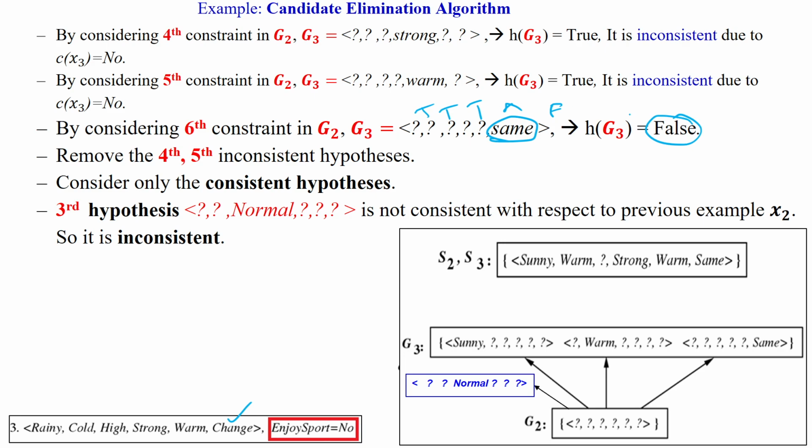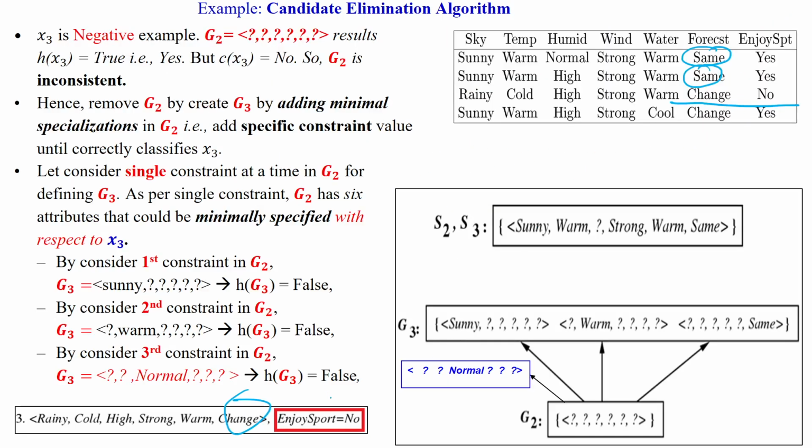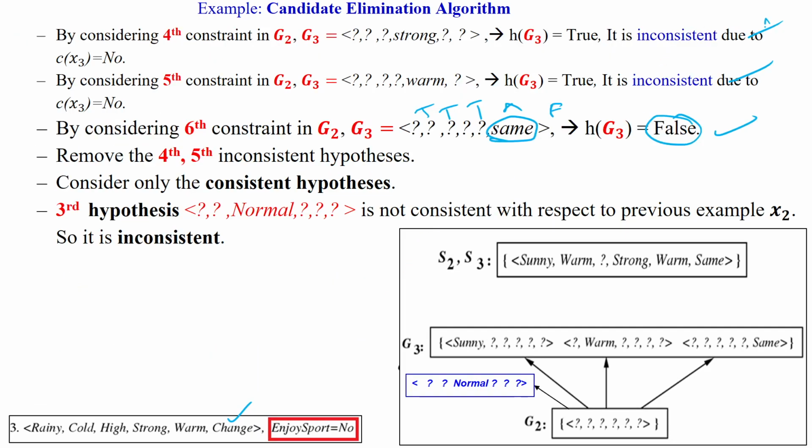So now we have six hypotheses. Hypothesis 1, hypothesis 2, hypothesis 3, hypothesis 4, 5, 6. In these six hypotheses, these two are inconsistent. So we have four hypotheses. Now we have to check with all the x1, x2, x3, because what is the definition?